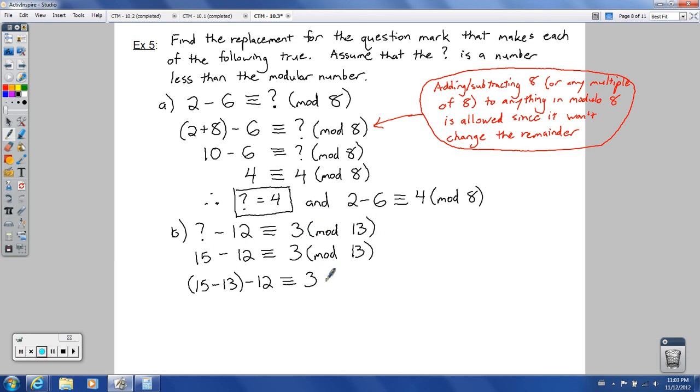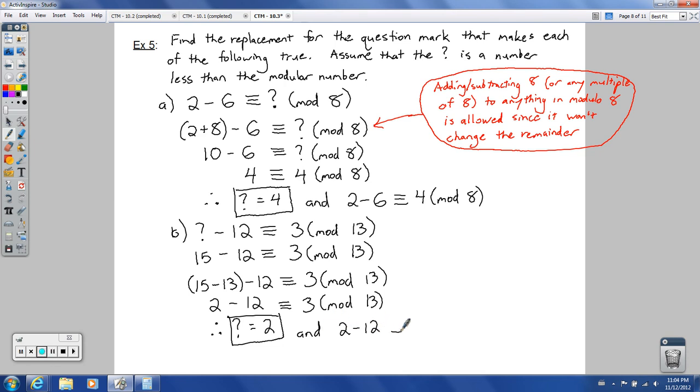So this would be 3 mod 13 still, and so this would become 2 minus 12 is congruent to 3 mod 13. So we've got our answer at that point. Therefore the question mark is equal to 2, and you can say that 2 minus 12 is congruent to 3 mod 13.